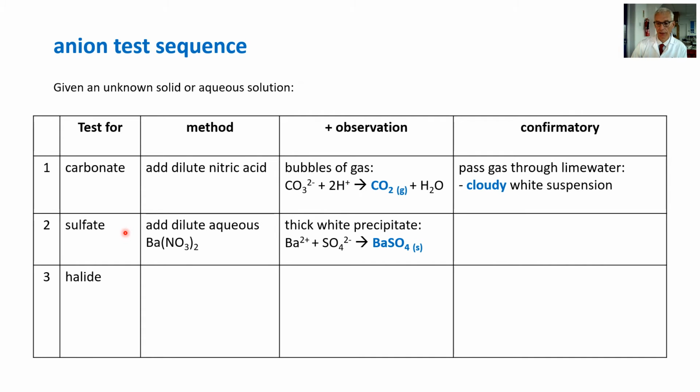That is itself conclusive. Now, testing for the halides, you may or may not know that you add dilute aqueous silver nitrate. Now, provided that you have followed test 1, test 2, test 3, there is no need to start the process by adding dilute nitric acid.